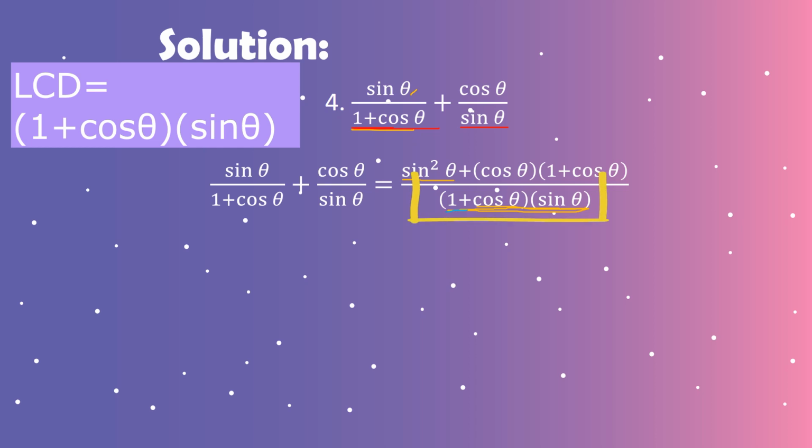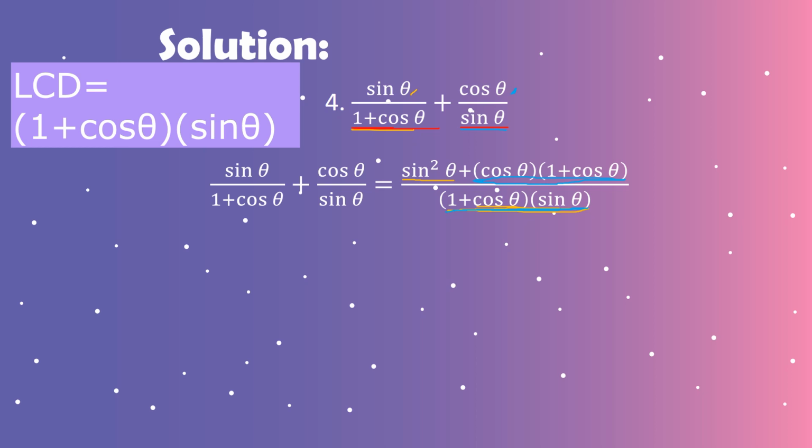We have 1 plus cosine theta multiplied by sine theta. This time, divide it by sine theta. Ang natira si 1 plus cosine theta. Multiplied by cosine theta, we have this one. Si cosine theta multiplied by 1 plus cosine theta. Alright. So, yan yung ating result.